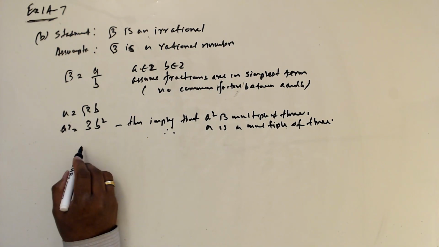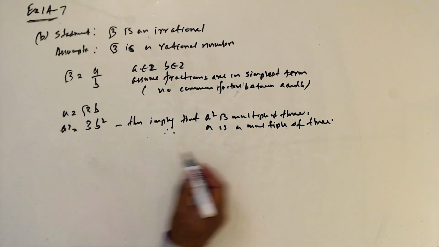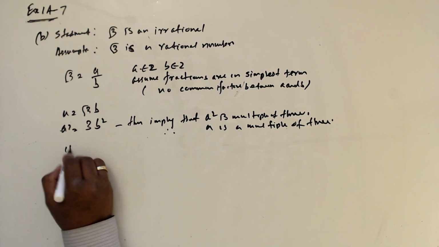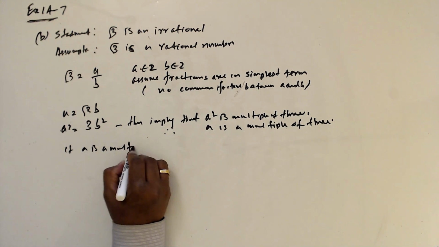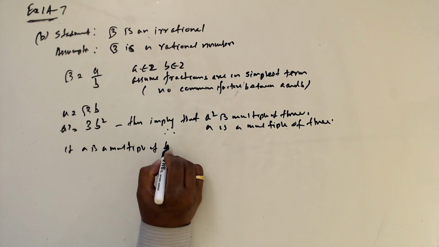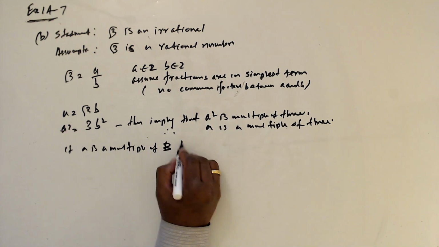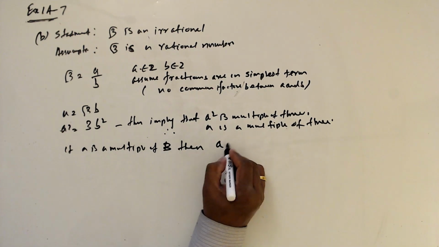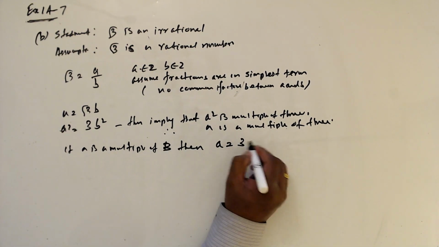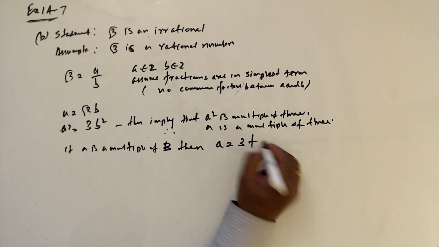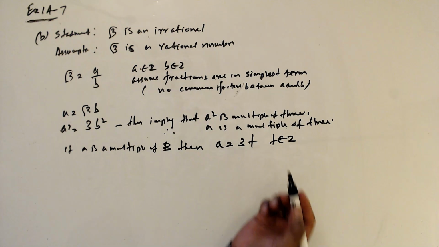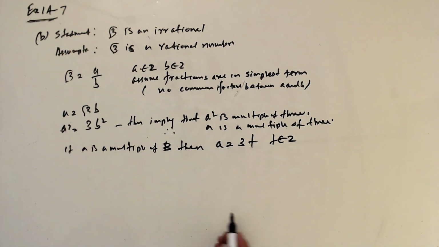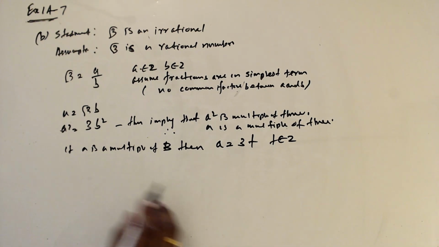Now if a is a multiple of 3, then I can write a as 3t, where t is an element of Z. This is normal: if it is a multiple of 3, I can write that. Now I'll substitute.